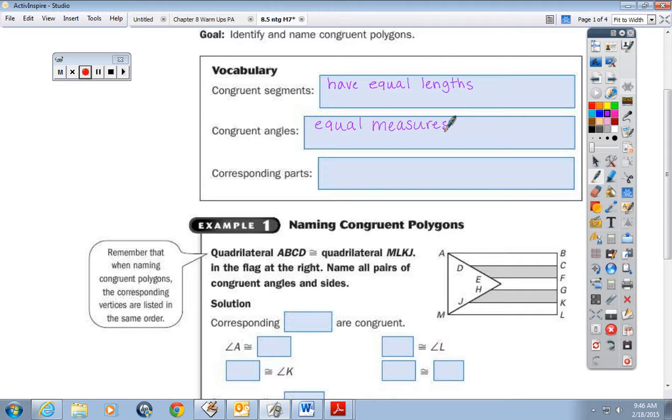And then we have corresponding parts. These are pairs of angles or sides of different polygons that are in the same relative position.